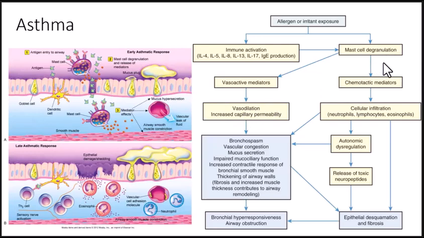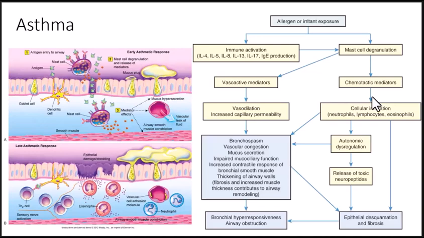Mast cells, when they degranulate, are also going to release chemotactic factors. Chemotactic factors are released at a site of injury, and they will encourage or sort of alert the rest of our immune system to come on over and help.